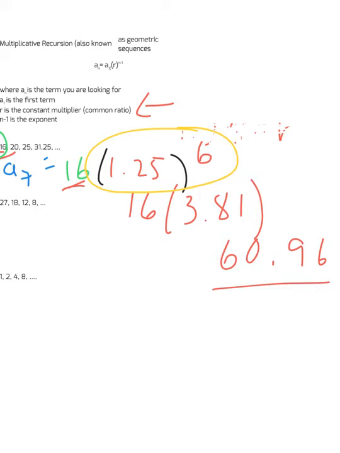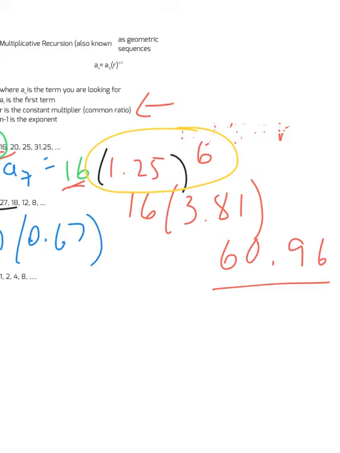Let's take a look at the second one. We have 27, 18, 12, and 8. So the numbers are going down. We're going to look at these first two. We're going to take the 18 and divide it by 27. And our constant multiplier is 0.666. So it's 2/3. But we're going to round it, and that's going to be your r. So we take the first term, which is 27, multiply it by that constant multiplier, 0.67.